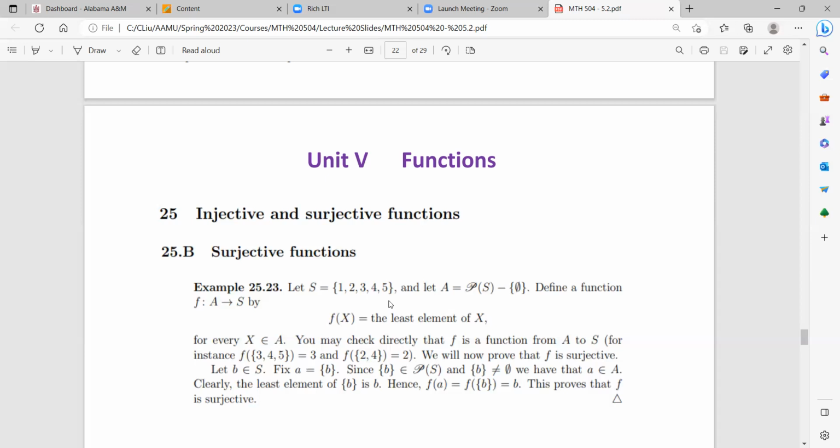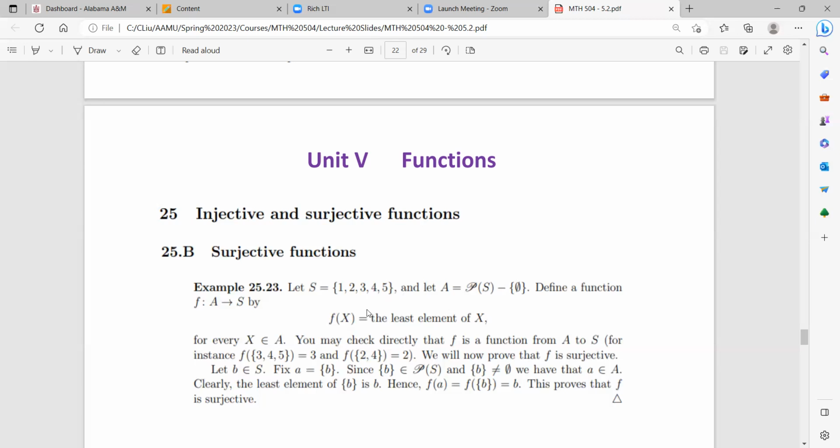So you have a bunch of subsets of S, and we're not talking about the empty set, so that's why we need to exclude the empty set from all the subsets of S. We know the empty set is always a subset of any set, so we need to take it off.